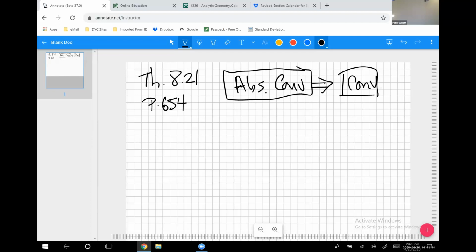So let's try, maybe it's on page 657, number 21. So it says, alternating series, determine whether the following series converge.